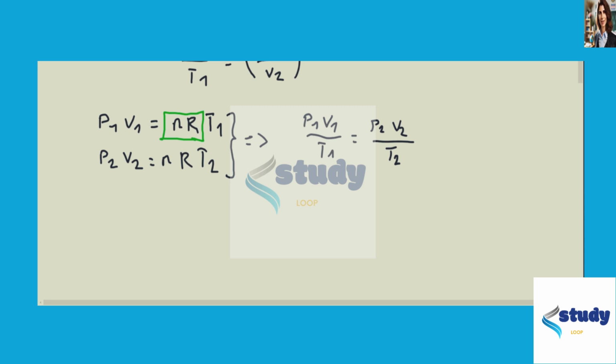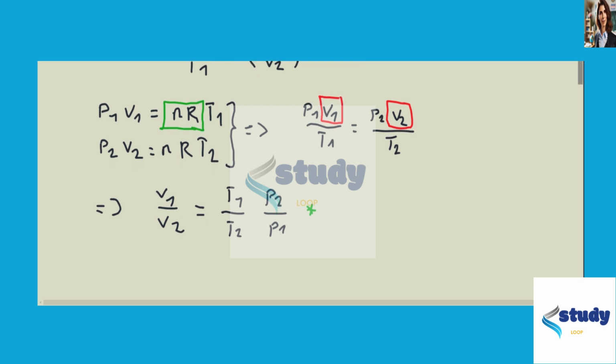And why do we do this? We do this to express this ratio of initial and final volume in relationship to the pressure and temperature. So we can say that V1 over V2 is equal to T1 over T2 times P2 over P1. And this formula will be substituted into the previous one.